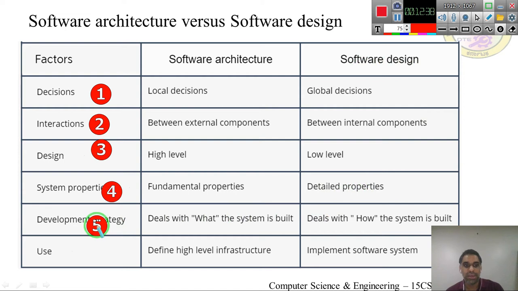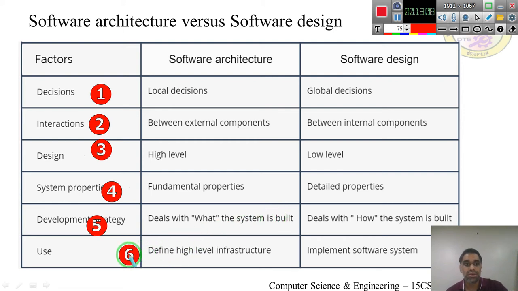Then the fifth factor speaks of development strategy. Software architecture deals with what the system is built of, okay, whereas software design deals with how the system is built. So we basically get the knowledge of what is there in the system in case of software architecture, whereas in software design we focus on how the system is built.